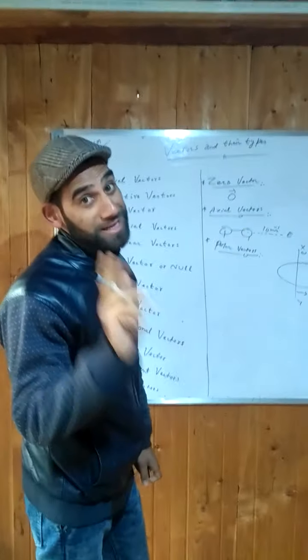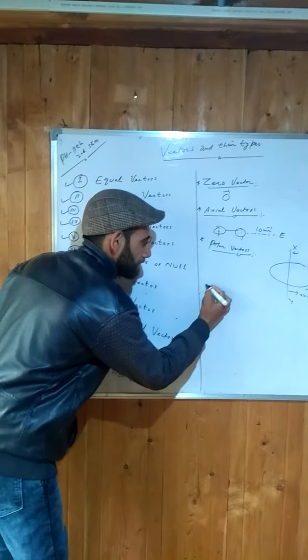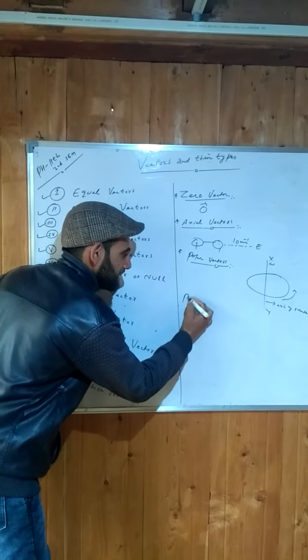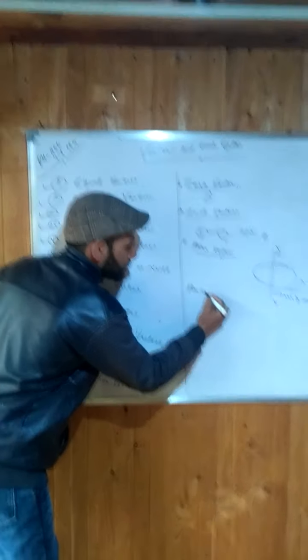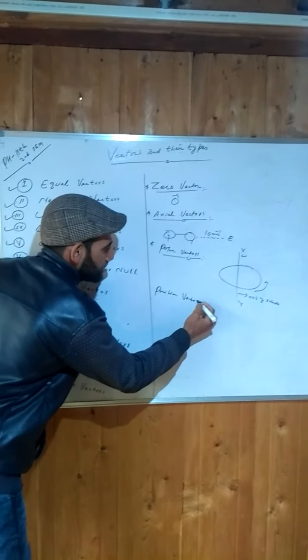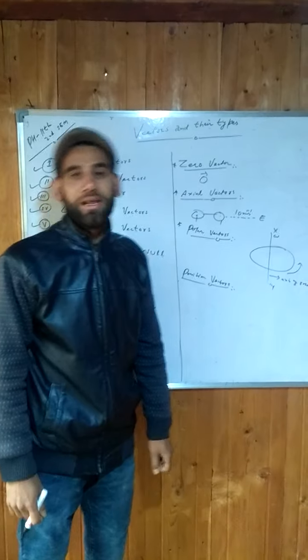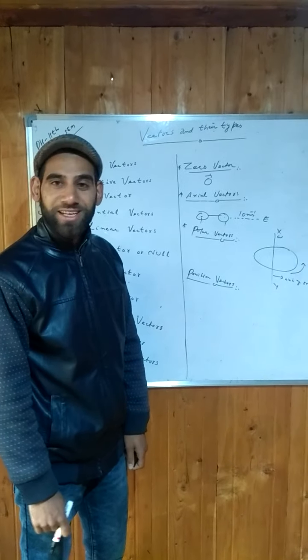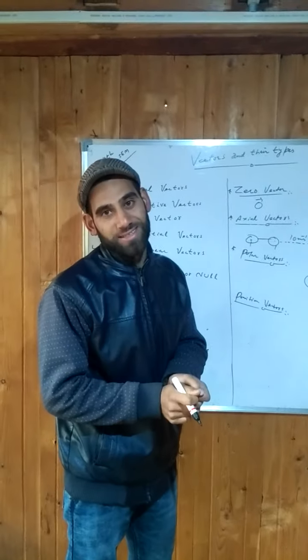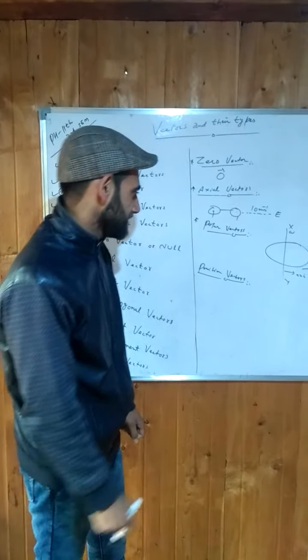Now, two important vectors. Number first is the position vector. In order to explain position vector, we need to draw a Cartesian frame of reference. You know what a Cartesian frame of reference is?